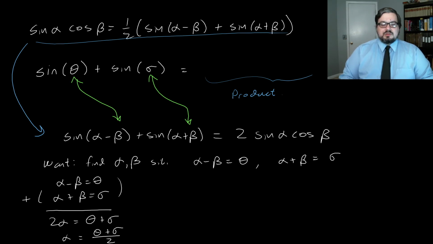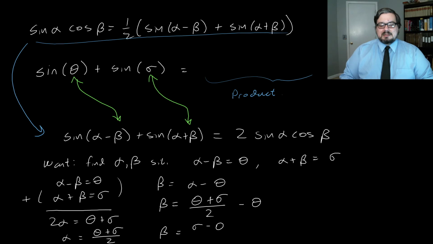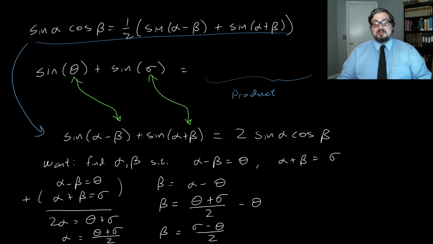Okay? So then that means that beta has to be alpha minus theta, rather. But we worked out from before that alpha has to be theta plus sigma over 2, which means when you work it all out, beta has to be sigma minus theta over 2 when you simplify all that expression down.